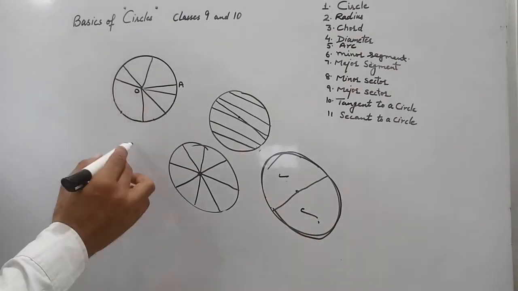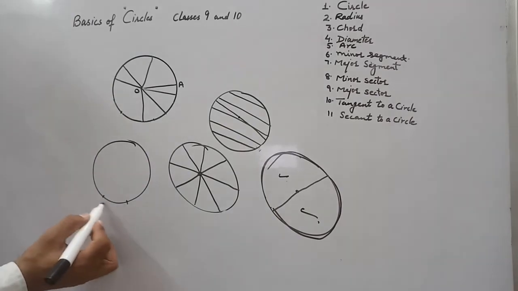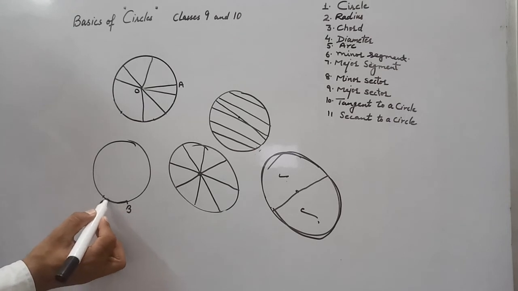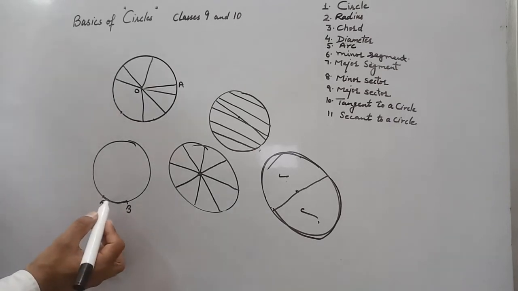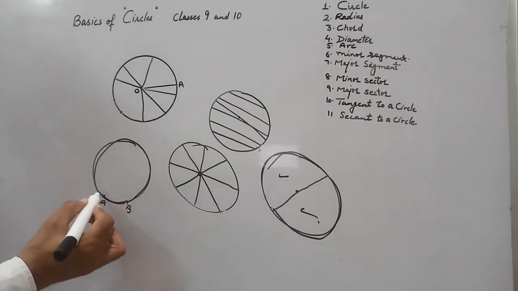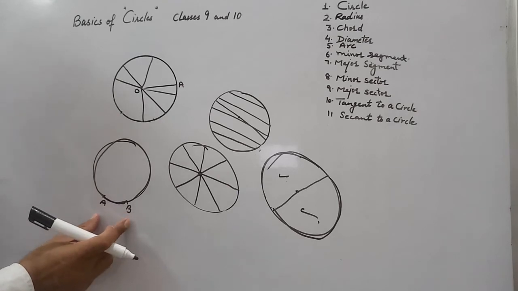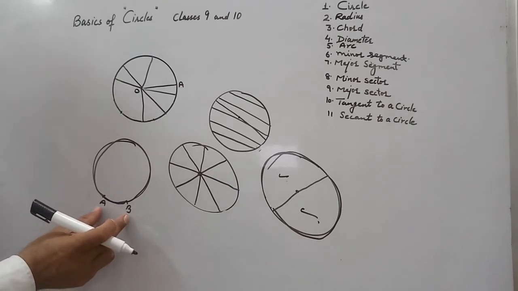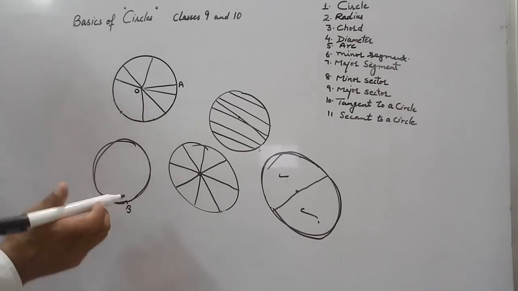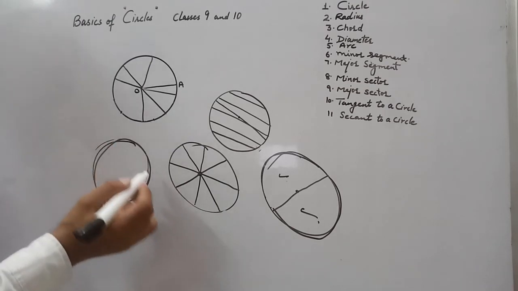So next is, what is an arc? See, an arc is a part of the circle. This is an arc, this is a part of the circle. So we can say this is a minor arc and this is a major arc. We can define a minor arc as an arc whose length is less than the semicircle, and an arc which is longer than the semicircle is a major arc.